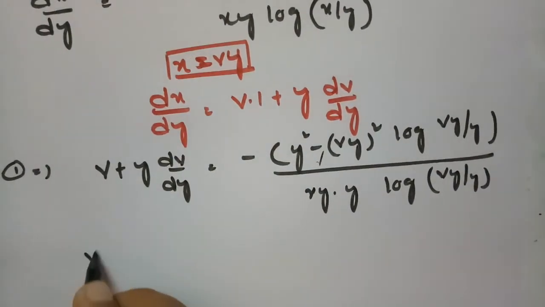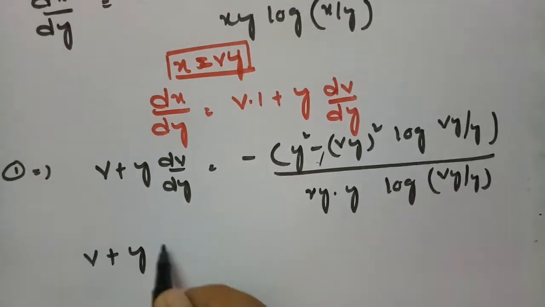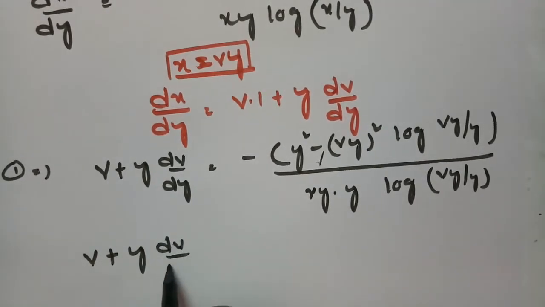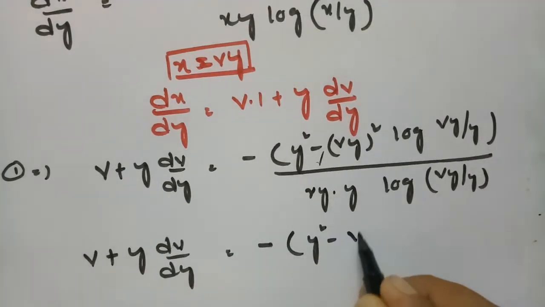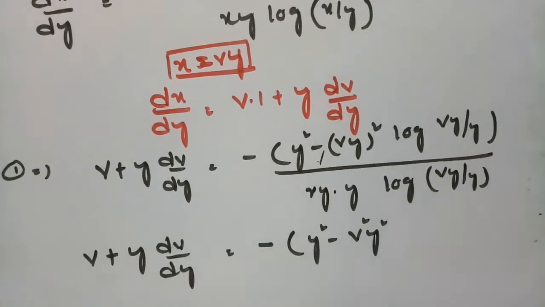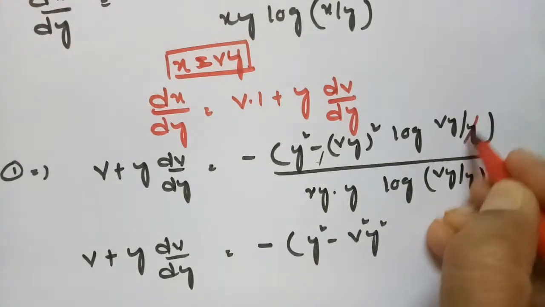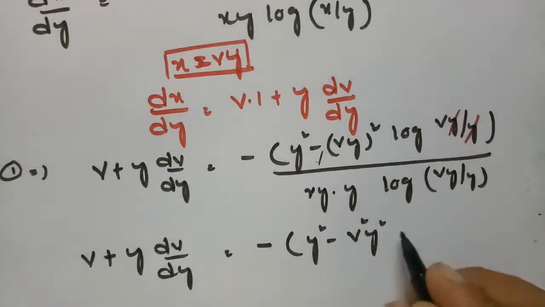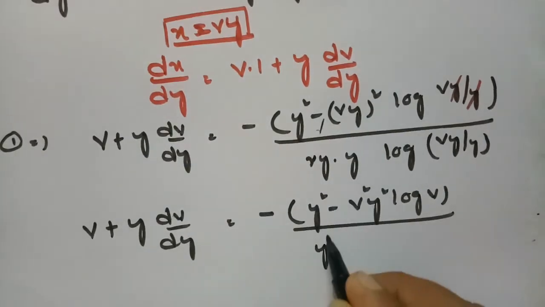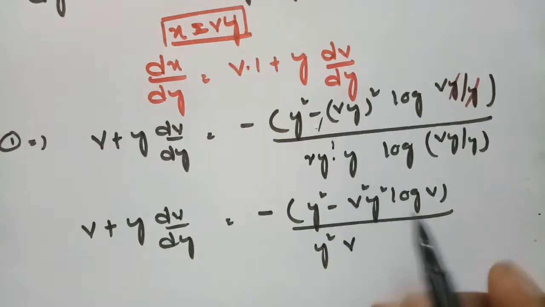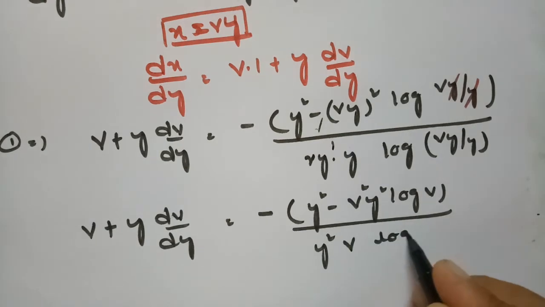So now this will be v plus y into dv by dy is equal to y square, this is v square y square, and now I can cancel this y. So this will be log v by, here, if you see, y square v into log v.